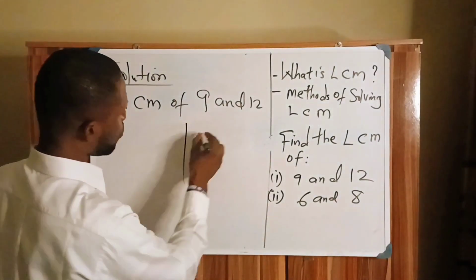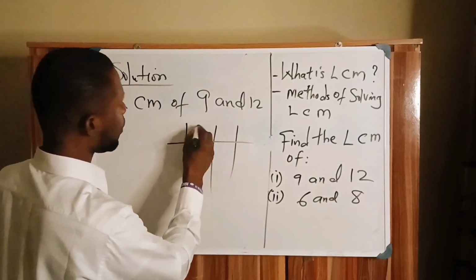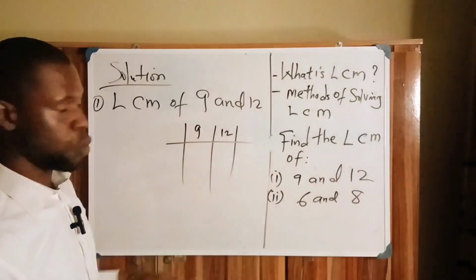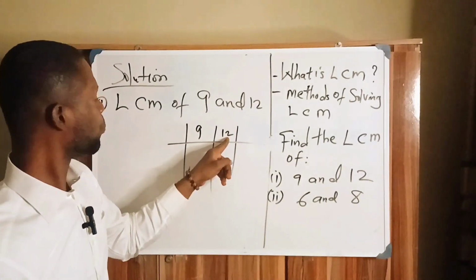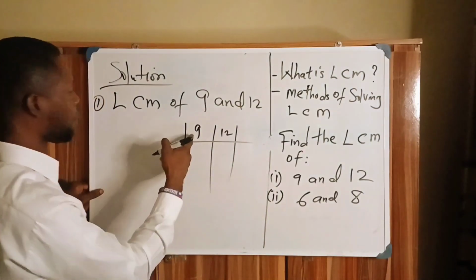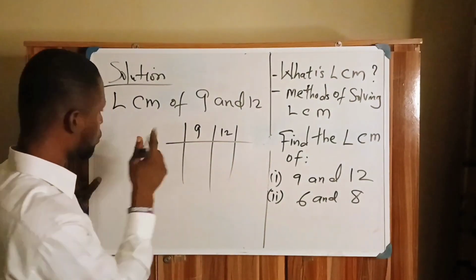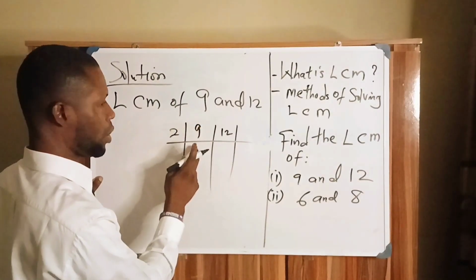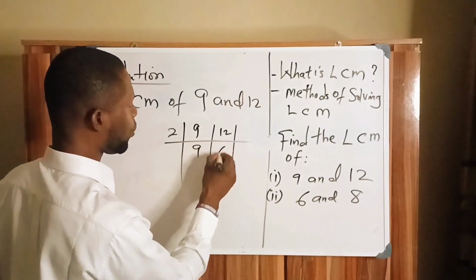We can do something like this, rule a line, and then put 9 here and 12 here. First of all, we check if 9 is divisible by 2 or 12 is divisible by 2. As you can see, we cannot divide 9 by 2 without a remainder, so we apply 2 here. We bring the 9 down, and then divide 12 by 2, we are going to have 6.